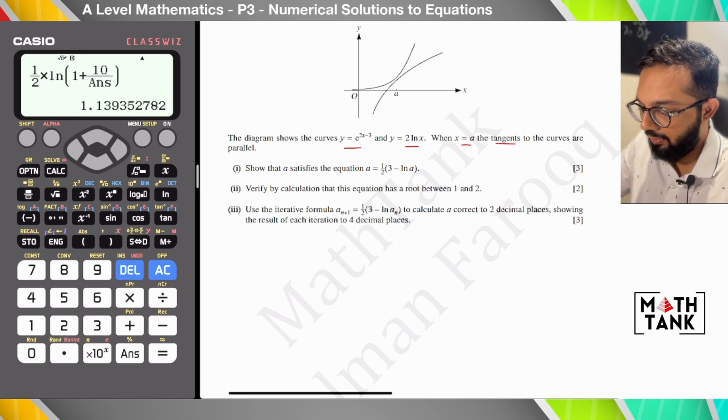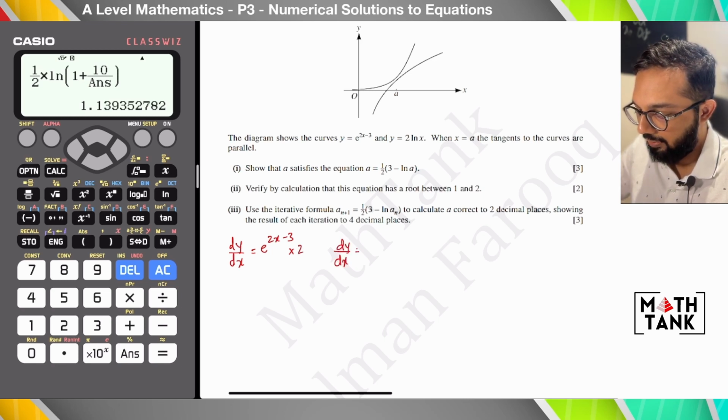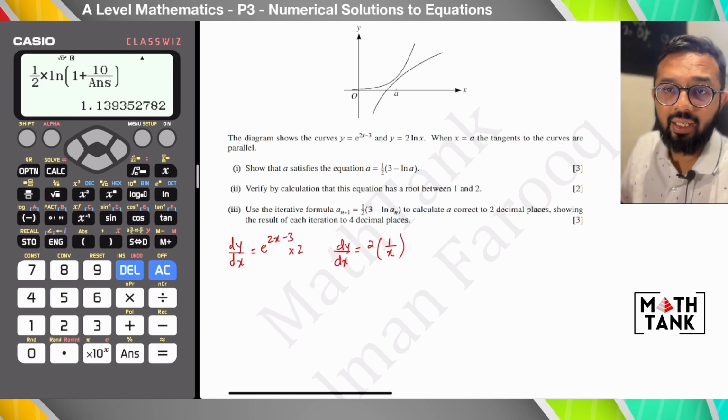Now I know that when I want to calculate the gradient of a curve, I need to do dy by dx. So for the first curve, e power 2x minus 3 into 2, and for the other curve, dy by dx equals 2 into 1 over x. They're both the same at x equals a.